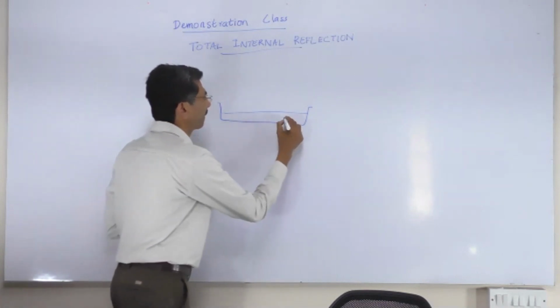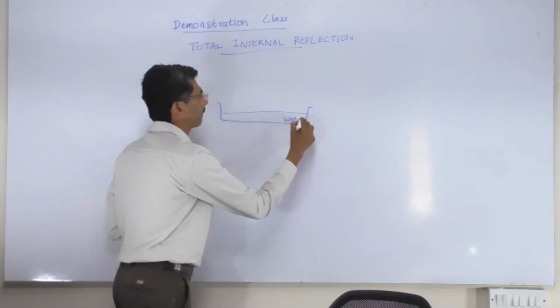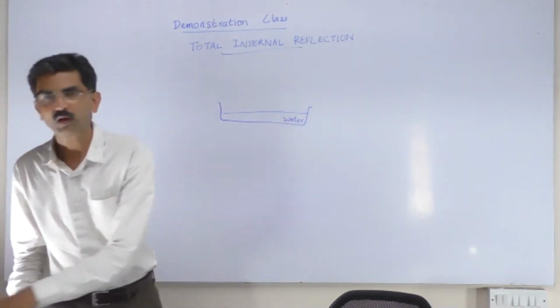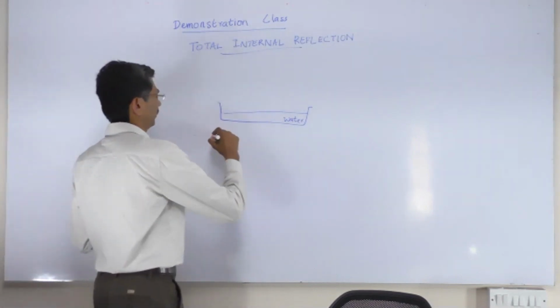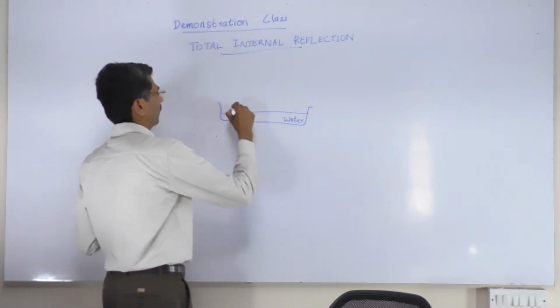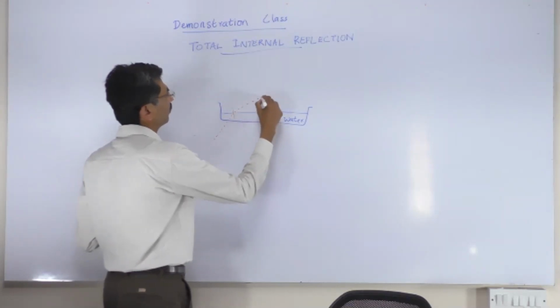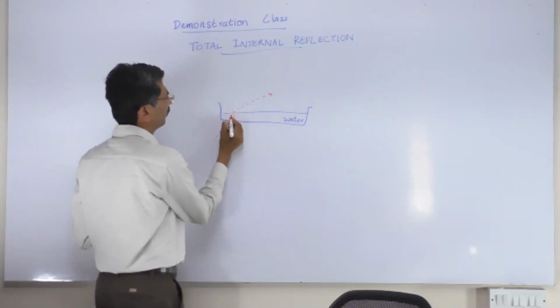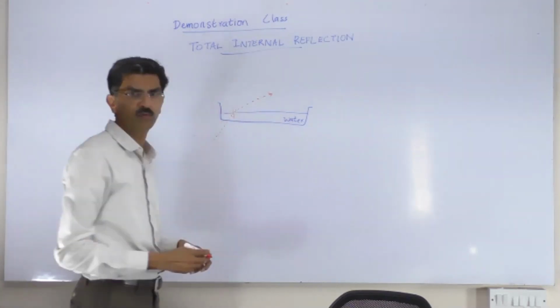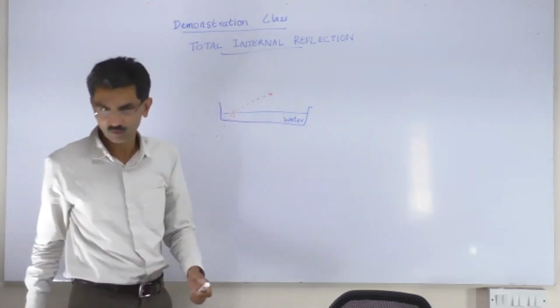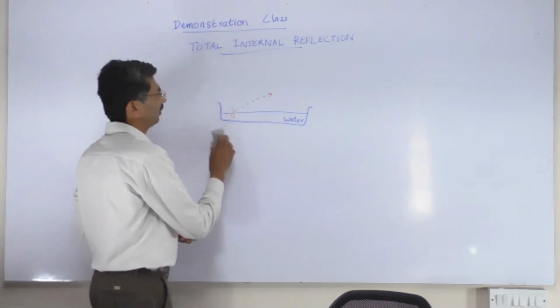This is water. And I shine a ray of light in this way, and it bends away from the normal. This is the angle of incidence. This is the angle of refraction. You can see that the refracted ray is bending away from the normal.